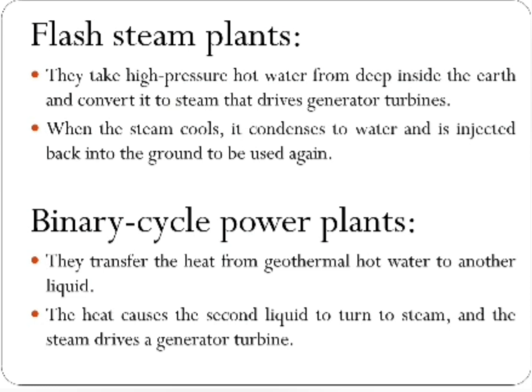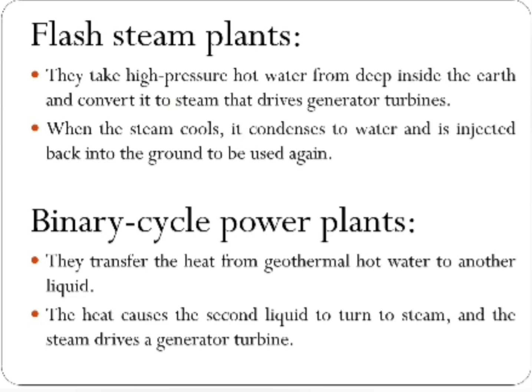So again the process repeats, where the generator converts the geothermal energy into electricity, and steam cools down and condenses into water, and it goes back into the ground to start the process all over again. So generally most of the geothermal power plants we are using work on flash steam.